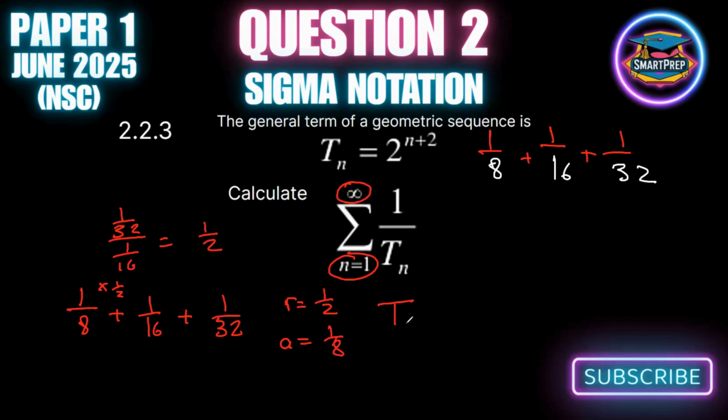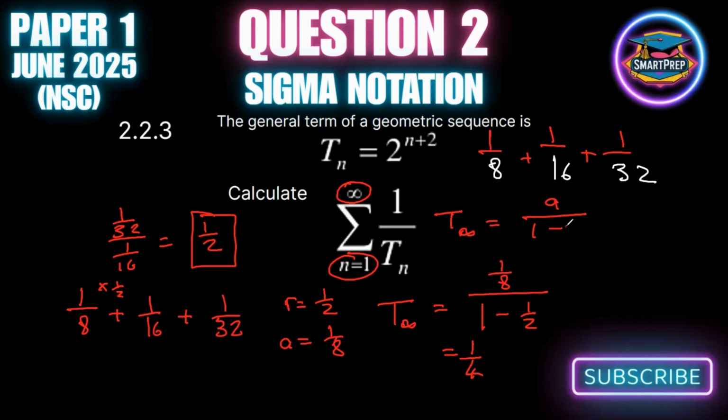And we know the sum to infinity, as long as the ratio is between -1 and 1, which it is, is a over 1 minus r. So we put in our a, which is 1 over 8, and 1 minus the ratio, which is a half. And so we get an eighth over a half, which is a quarter. And that is our final answer. In the formula sheet, just look for this, 1 minus r. Under sequence and series, this is the sum to infinity.